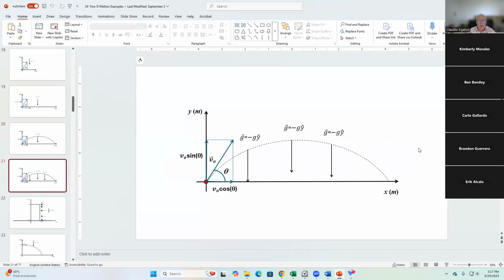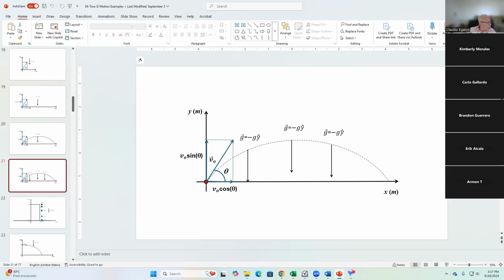And along this parabola, the acceleration vector will be the same because we have a uniform acceleration, okay? We can write it down.